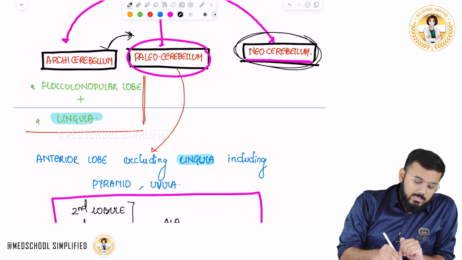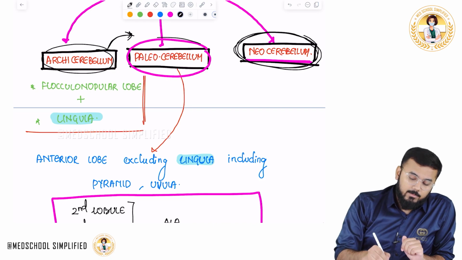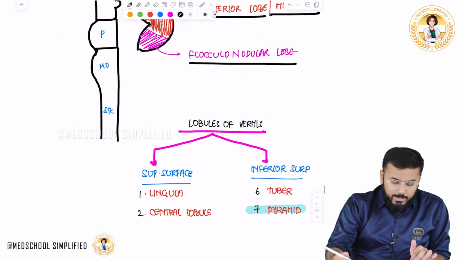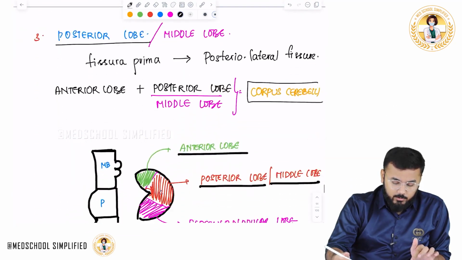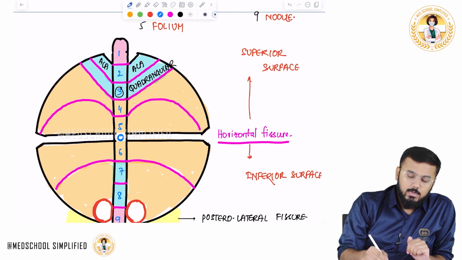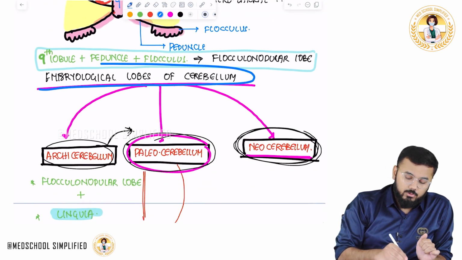That is why the archicerebellum is the oldest, the neocerebellum is the newest, and in between you have the paleocerebellum. This kind of classification which I have explained is the embryological basis of classification, the embryological lobes of your cerebellum.